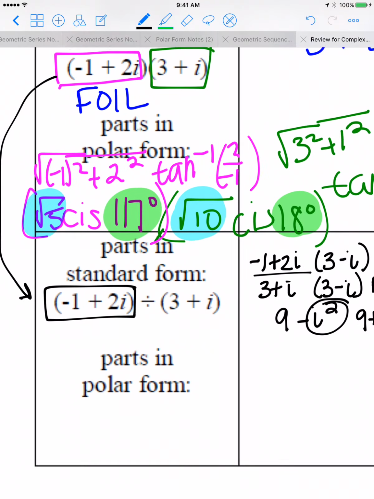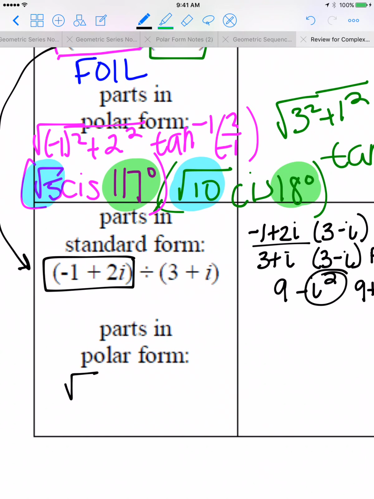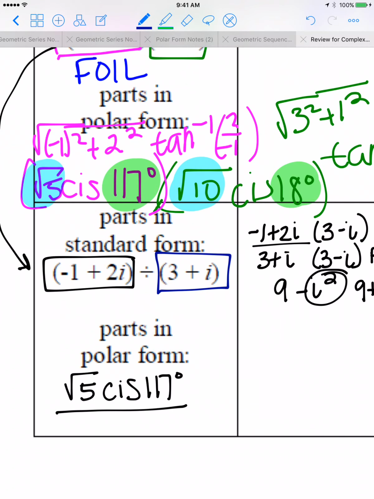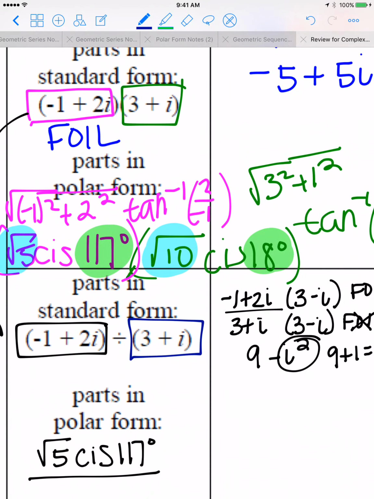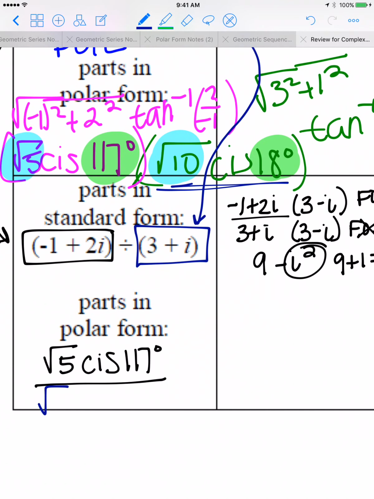So we know that we have square root of 5 CIS 117 divided by this one, which is our denominator, and it's the same as this one. So it was square root 10 CIS of 18 degrees.